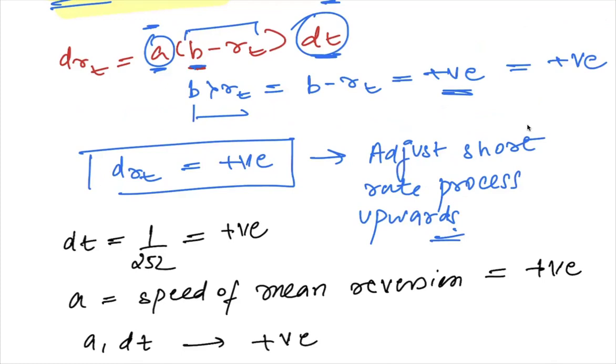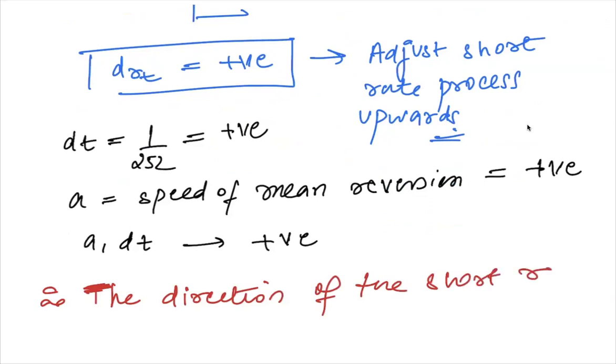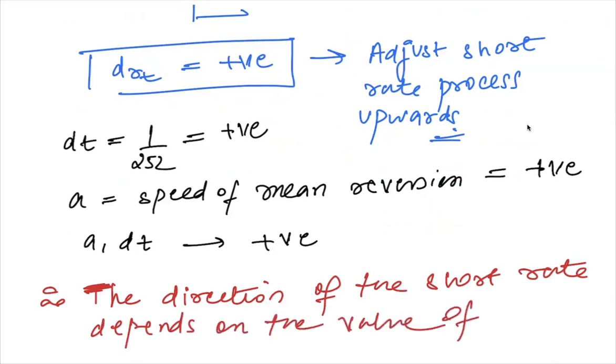So the direction of the short rate depends on the value of B and RT, right?